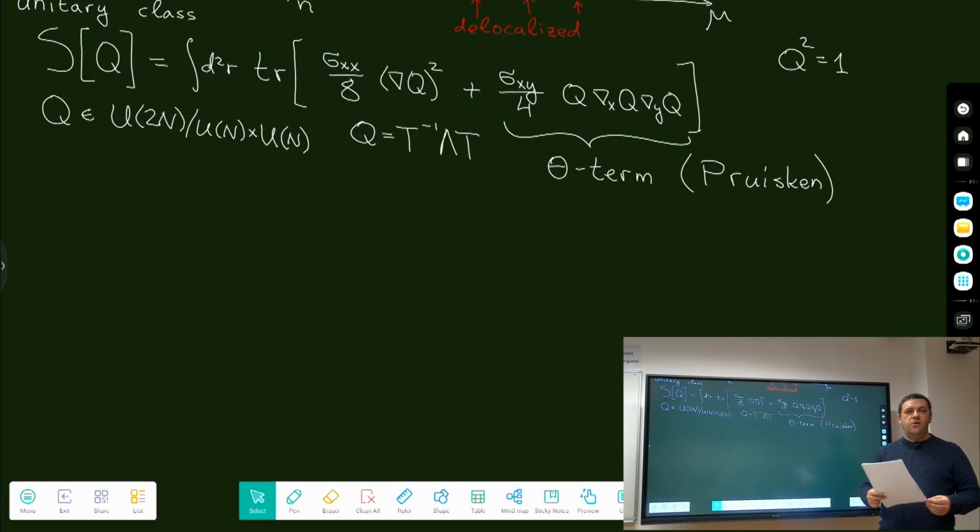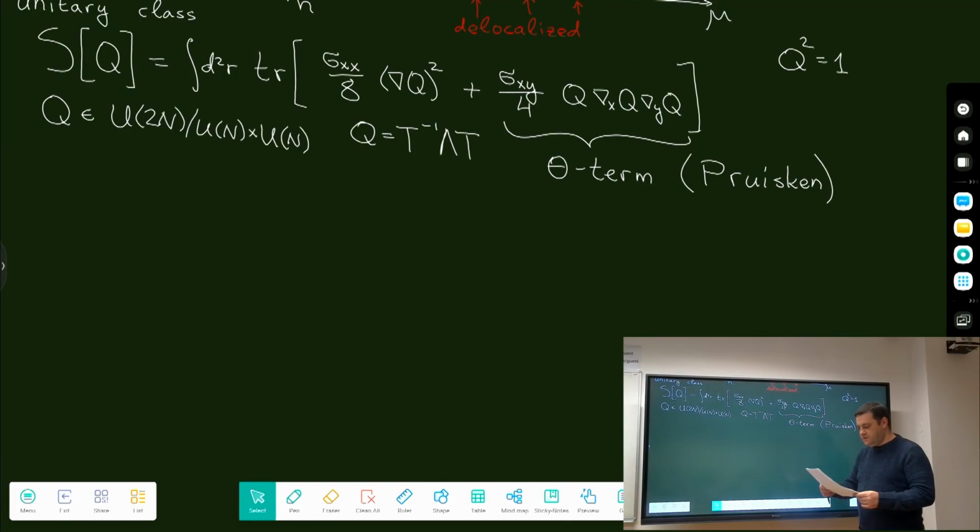Because for me it's not obvious that I can start with this model. I will show you some consequences of this term, how it works. Maybe then the intuition will become better. I will also show later some alternative view of the quantum Hall effect, more physical, which leads to the same model. So you will see this.